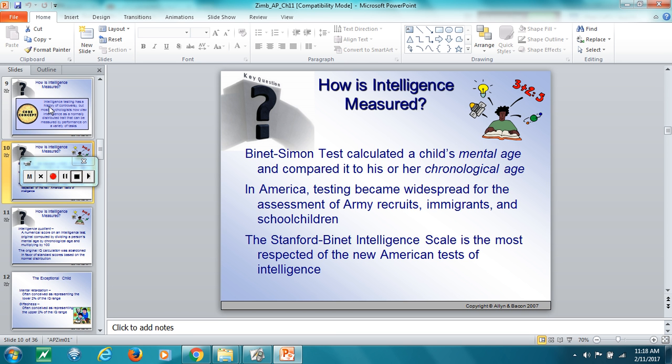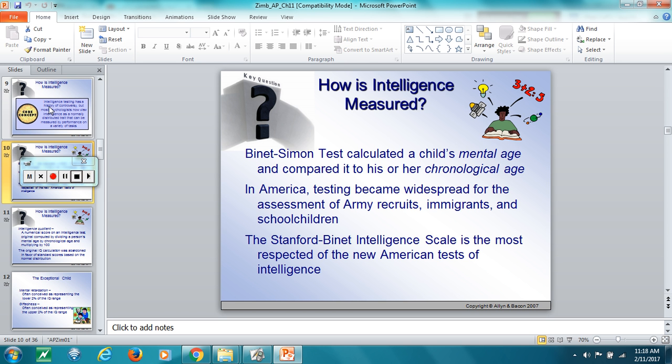In other words, it was a very reasoned test, very scientifically designed, based on how children were observed to perform, rather than trying to test a particular theory, so to speak.